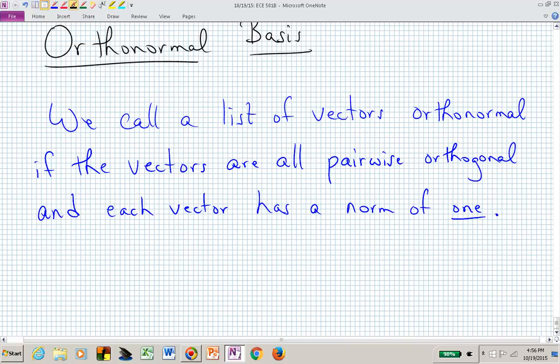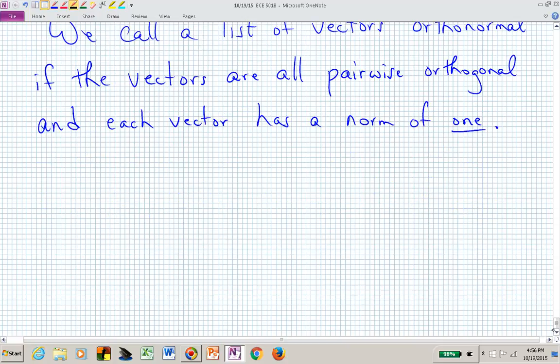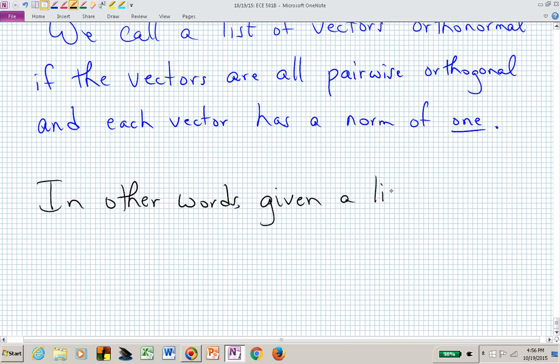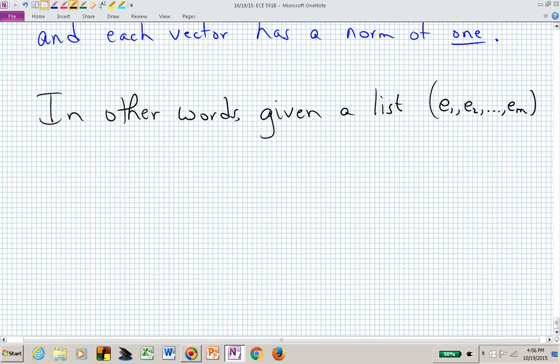We could state it a different way. In other words, given a list, let's say that list is now E1, E2, up to Em, and these are vectors. These aren't coordinates of vectors. It gets a little confusing maybe, but these are now vectors. And there's my list of m vectors.